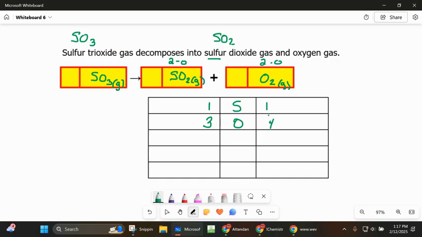What's the only thing I can put a coefficient in and only change 1 thing? What coefficient can I put in front of there to balance this right away? Because actually, I need what for oxygen on this side compared to this? How can I make less oxygen over here? What? I'm going to put 0.5 there. I'm going to put 0.5 in front of the O2.